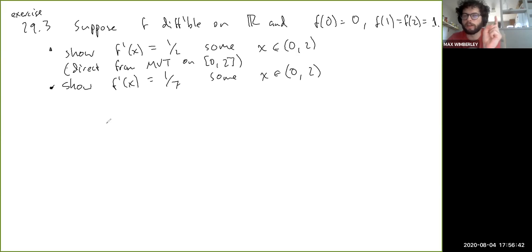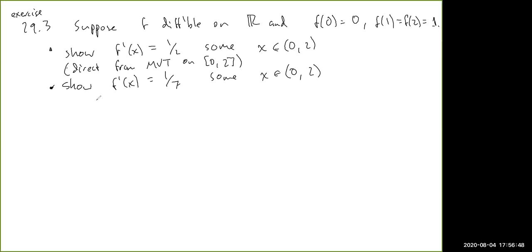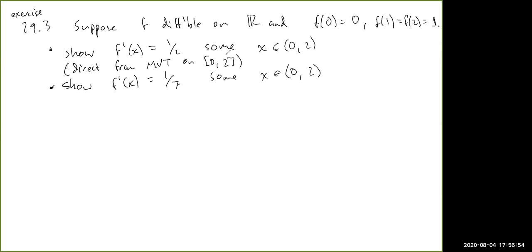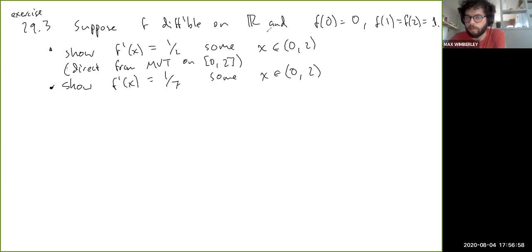But there's actually a theorem that we have that does that for us, basically. Is it the intermediate value theorem for derivatives? Yeah, exactly. So what you can do is if you could find a place, for example, where f prime is 0, then every value in between 0 and 1/2 has to be achieved by f prime, right?